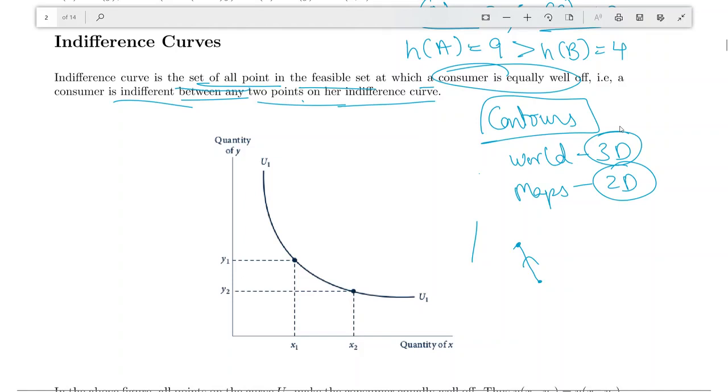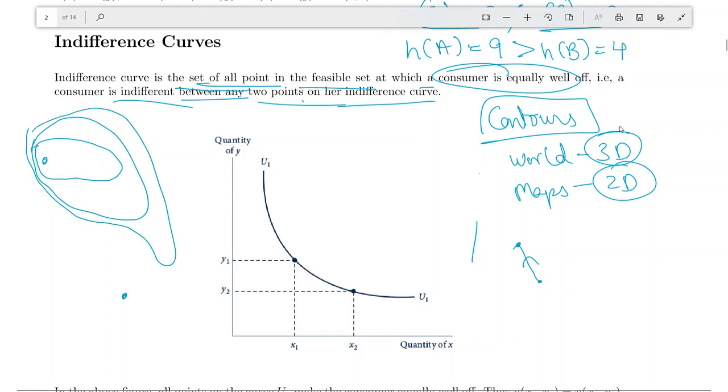Okay. So if you had to go from a point A to point B, and the contours around point B, let's say, look something like this. If you take a direct road from here, you'll encounter a very steep slope.